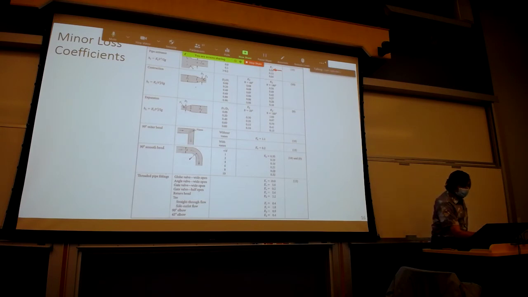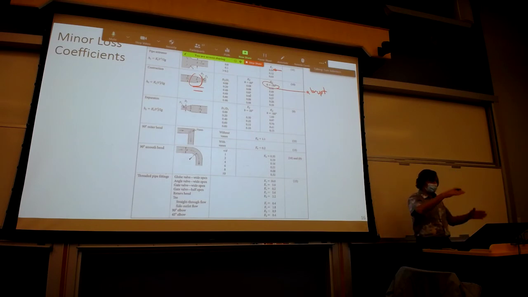You can see contractions depending on the angle, whether or not it's abrupt. So if it's an abrupt contraction, that's 180 degrees. And if it's a gradual contraction, you can see the minor loss is a little bit lower because you're gradually changing the velocity vector rather than doing it dramatically.